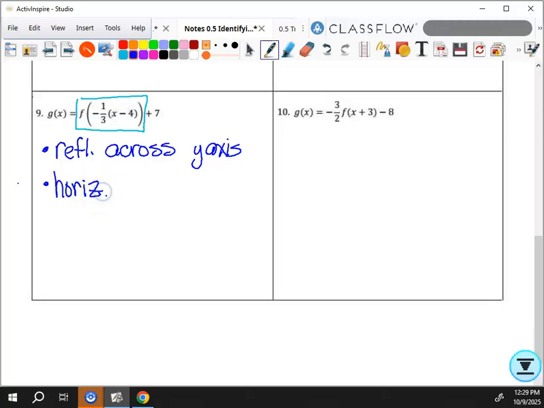It would be a horizontal what? Stretch. Very good. Stretch by 3 because X is a liar. The 4 says we do what? Right 4. 7 says we do what? Up 7. Everybody good on those? Any questions?